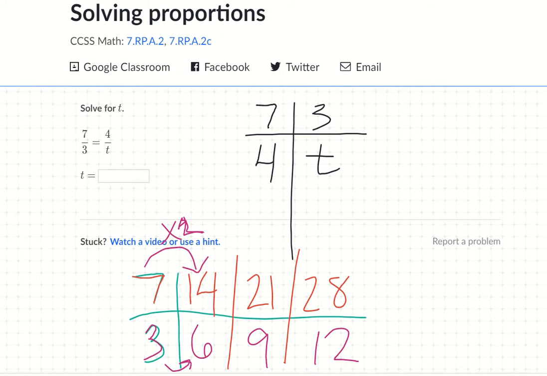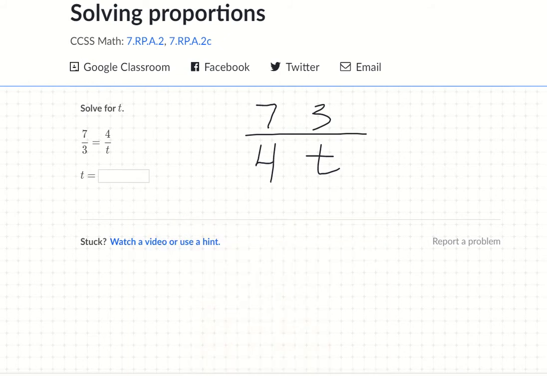So what I'm looking at here then is in this problem, I've got numbers that are not as nice and neat. I've got to figure out what it is I'm going to do to one part of the ratio to get the other.